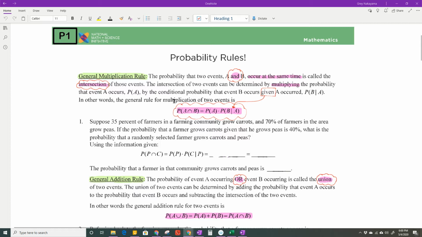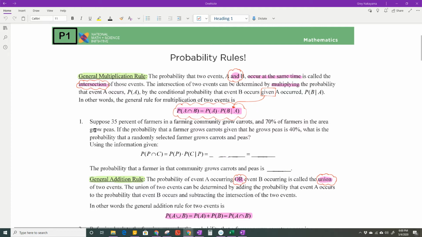The probability of A and B, that little symbol there looks like an A if you put a crossbar in it, that's your and symbol, is equal to the probability of A times the probability of B given A. So that vertical line there is read given, and it basically says what's the probability of B happening, knowing that I know that A has already happened.